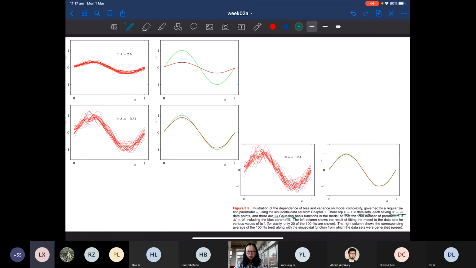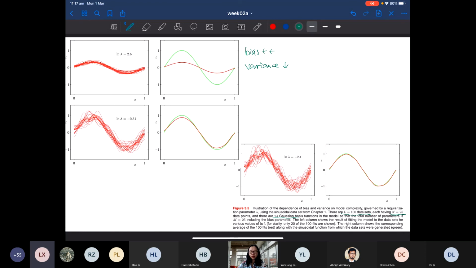When lambda is big, the model is simple, the bias is big, but the variance is small in this first graphic, where we essentially eyeball the variance as the difference between different fittings.